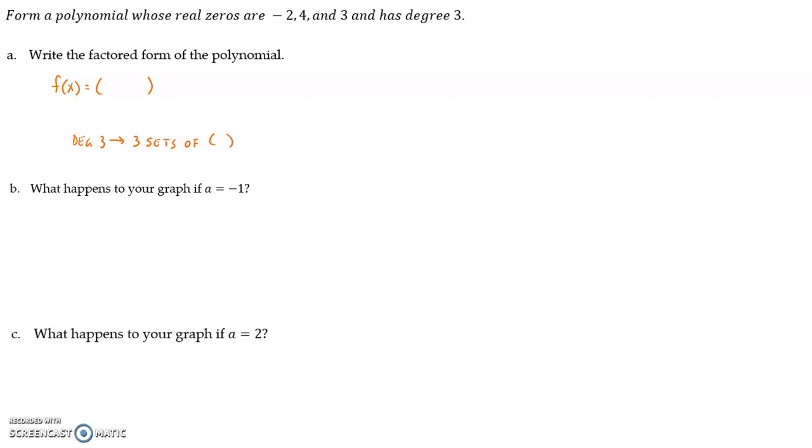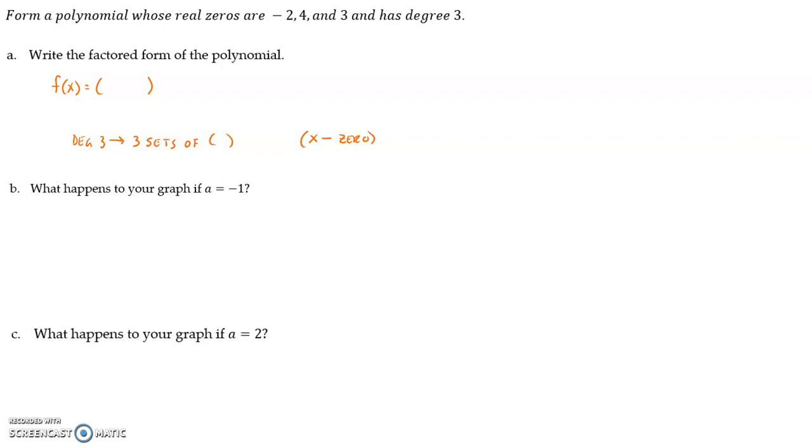Now, the stuff inside those sets of parentheses might be the same. That depends on the other information that's given to you in the problem. And as we build these sets of parentheses, remember that it's going to be in the form x minus our 0 or our x-intercept.